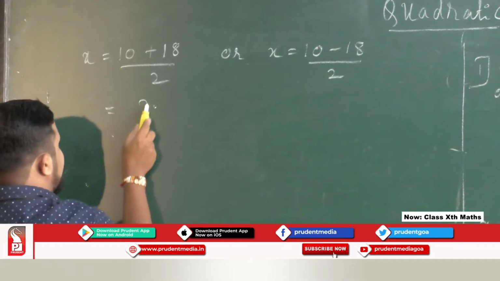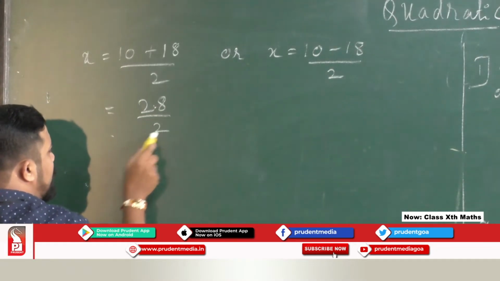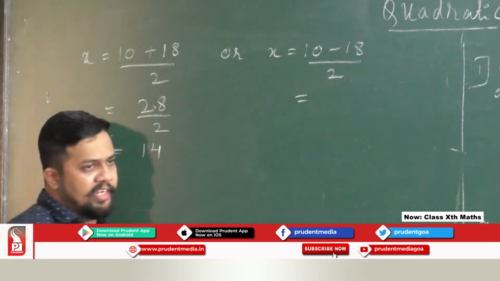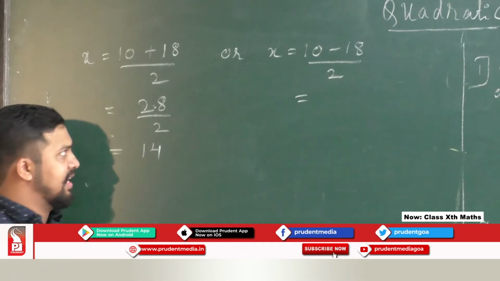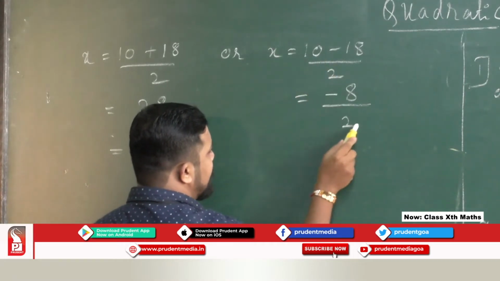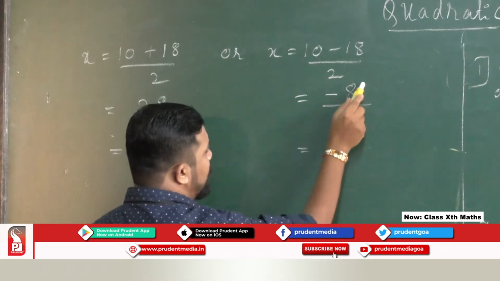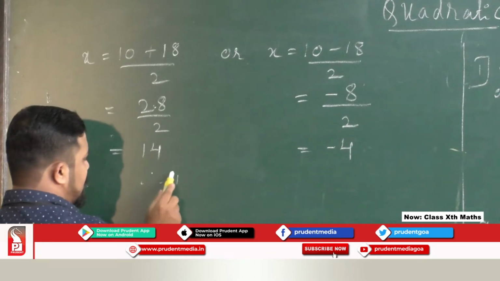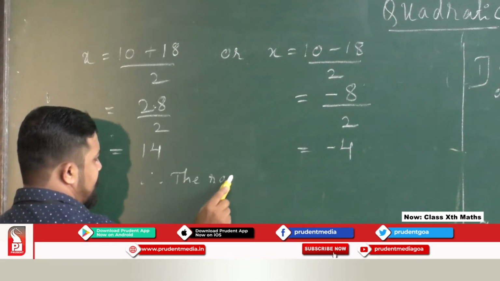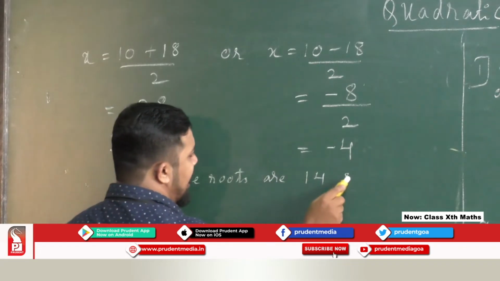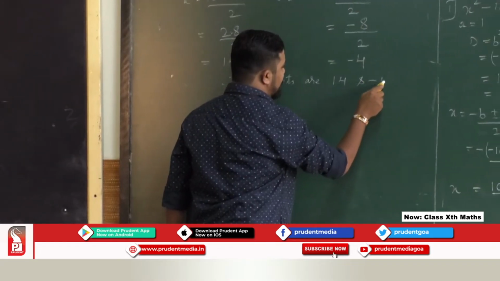So 10 plus 18, 28 by 2, which is 14. 10 minus 18: 18 minus 10 is 8, sign of the bigger number, negative, minus 8. Cancel, 2 ones are 2, 2 fours are 8. So negative 4. Therefore, the roots are 14 and negative 4.